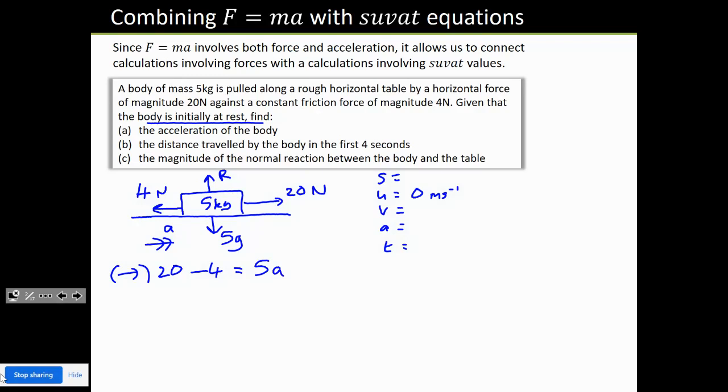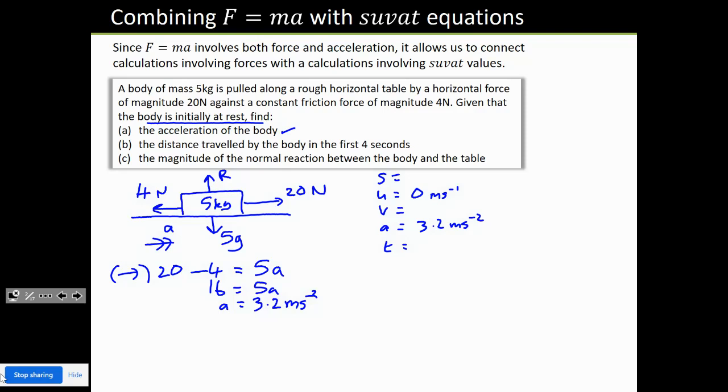It wasn't given in the question. So 16 is 5a. So a is going to be 3.2 meters per second squared when you solve that. So we have our acceleration.